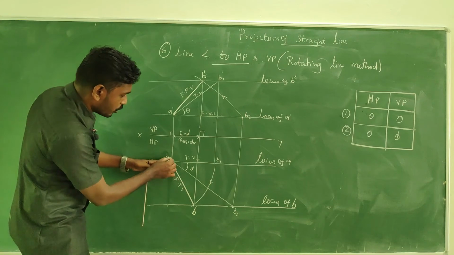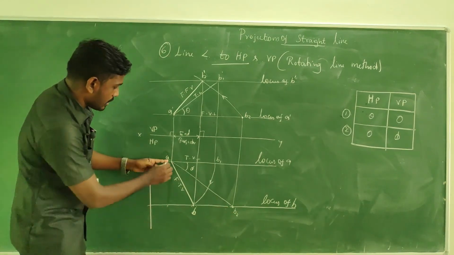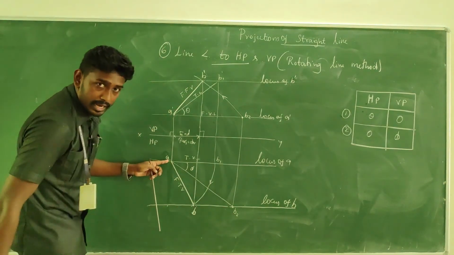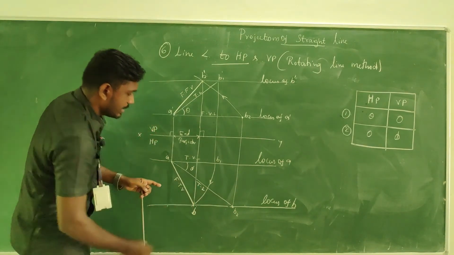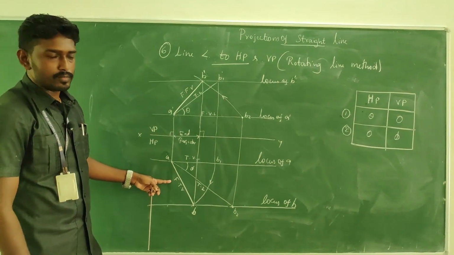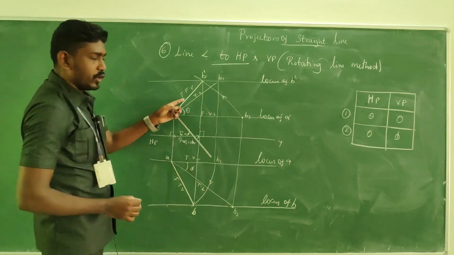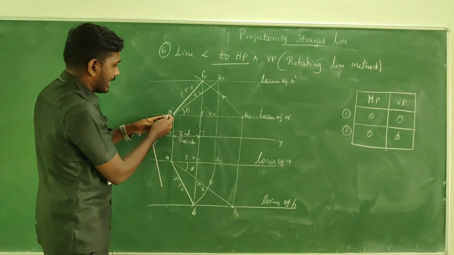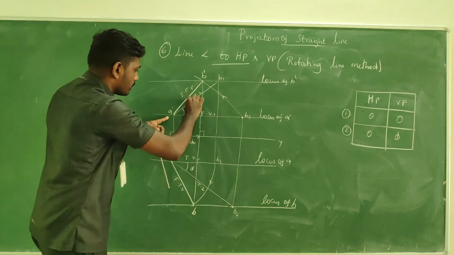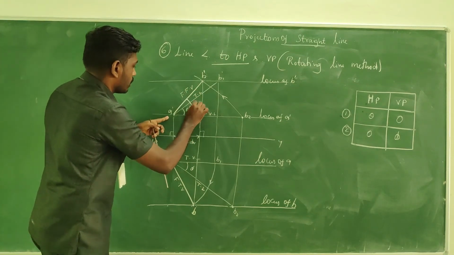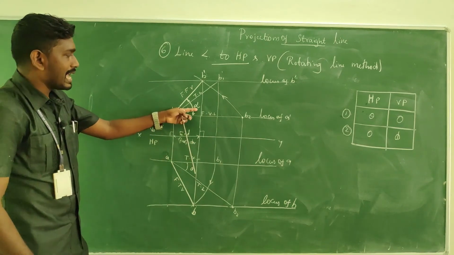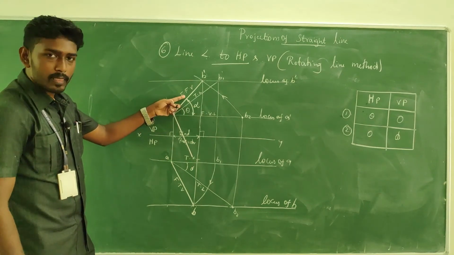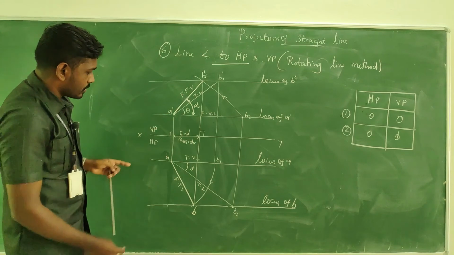as well as here in the top view, A to B2, the line which is connected, we call the true length in the top view. And the final front view makes an inclination, which we call alpha, or else we call it the apparent angle of the final front view.